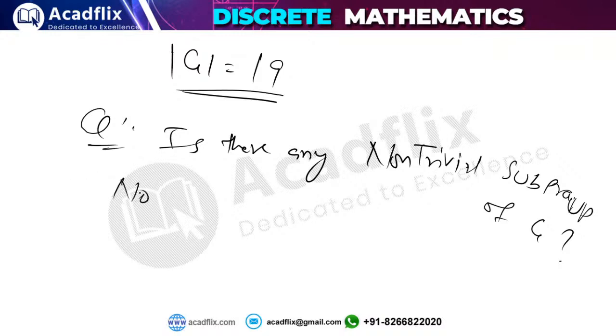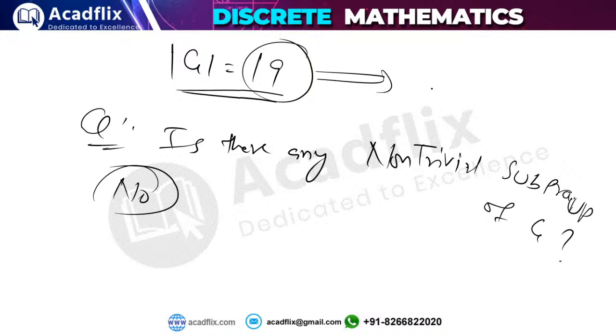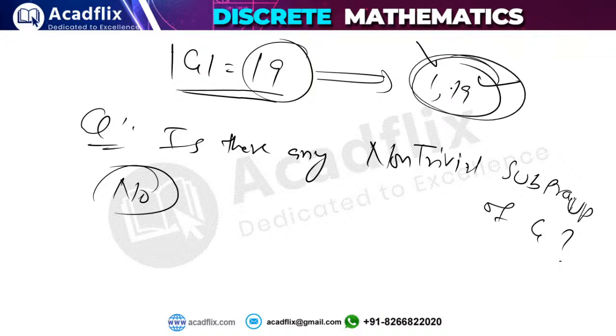You can try this question. The answer will be no, because this is a prime number. The only numbers which divide 19 are 1 and 19, and these are trivial subgroups. So there is no non-trivial subgroup. The answer will be no.